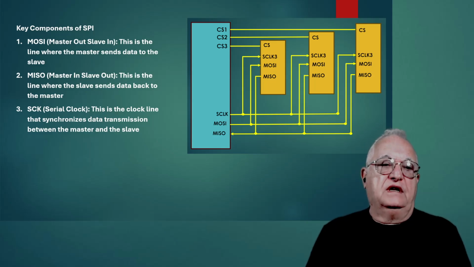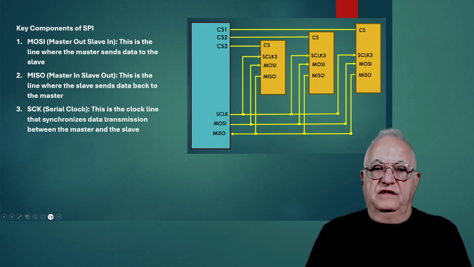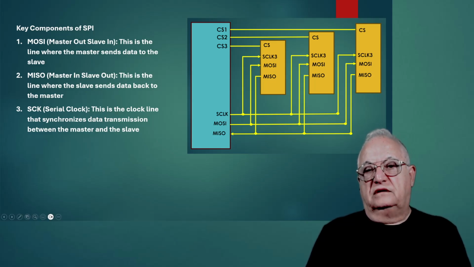Next we have the SCK, serial clock. This is the clock line that synchronizes data transmission between the master and the slave. If the clock is not sending a signal, there will be no transmission.